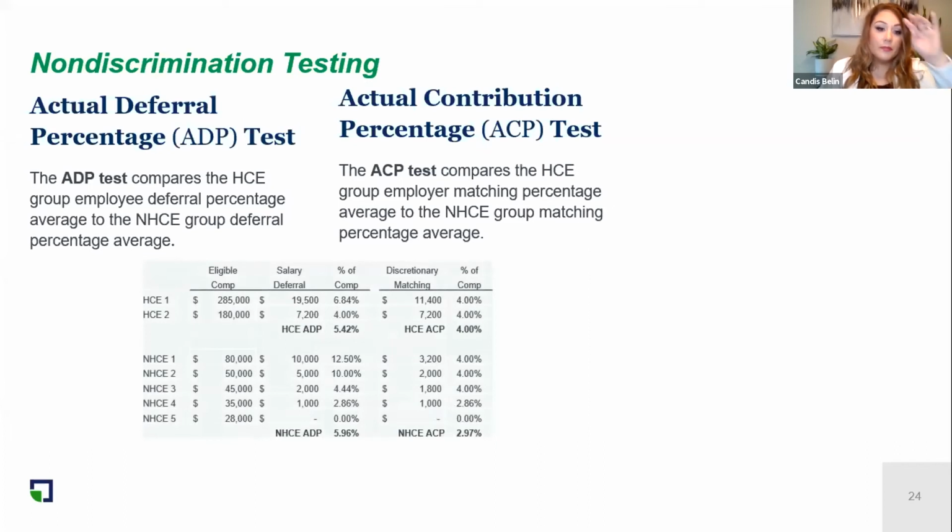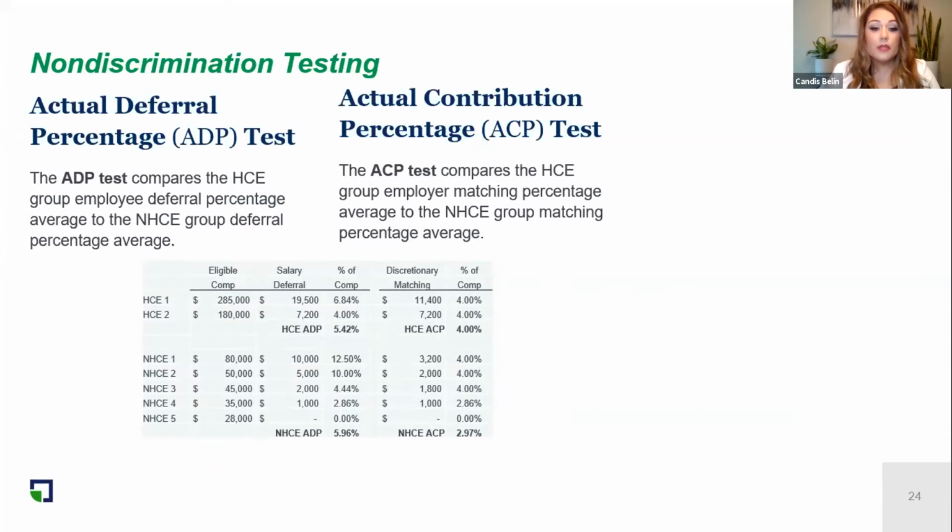Here's an example. For highly compensated number 1 and number 2, as you can see, we take their salary deferrals, divide that by their eligible compensation, and that provides us with their deferral percentage. We then average those two percentages, and as you can see, we come up with 5.42%.